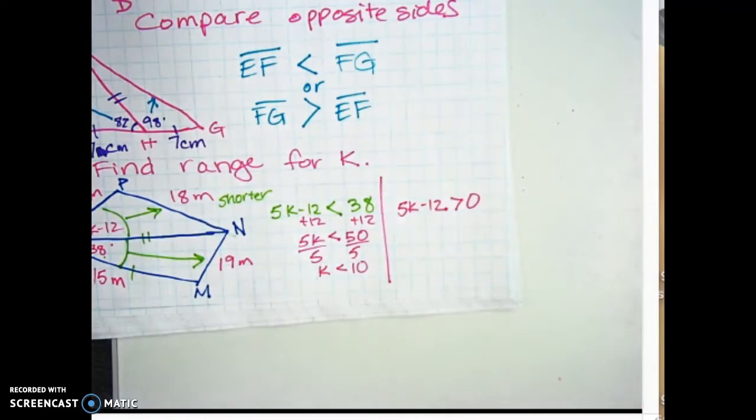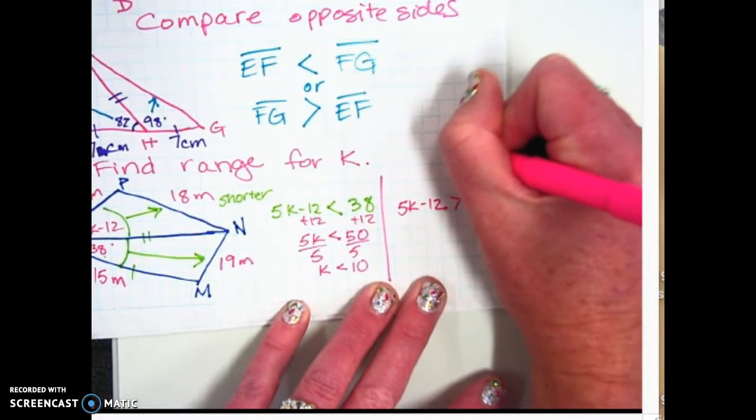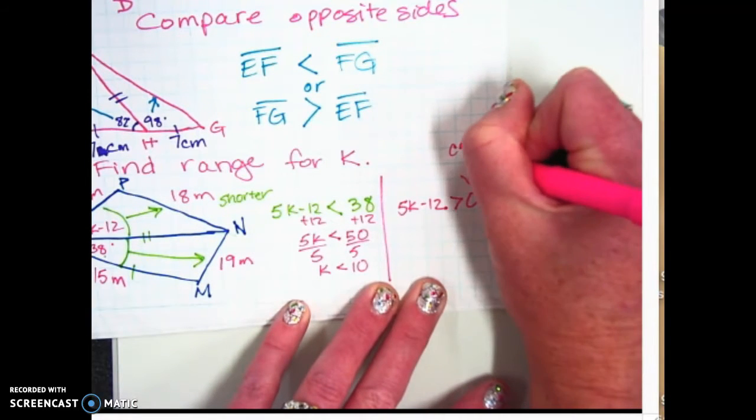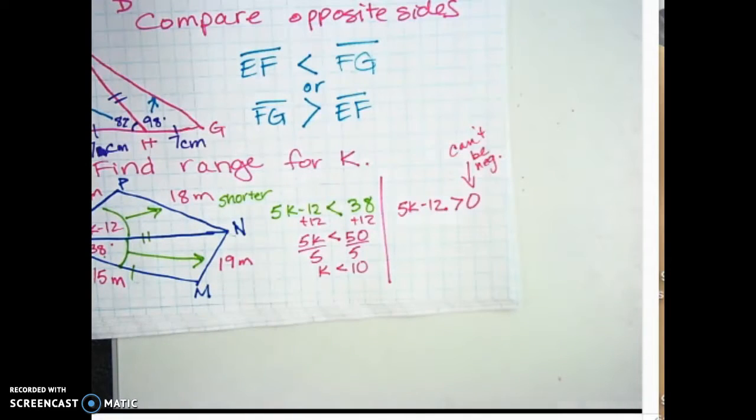And they don't pull that number from here. It just can't be negative. That's where they're getting it from. You can't have an angle measure that's negative 5 degrees, or you can't have a side measure that's negative 6 inches long, right? You just have to have positive measurements.